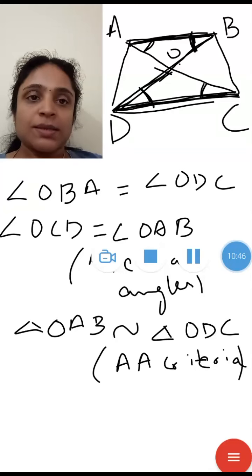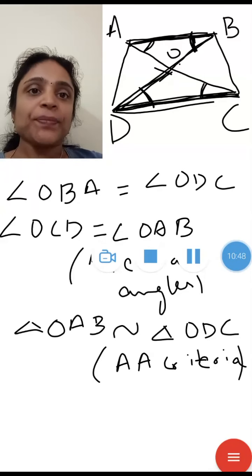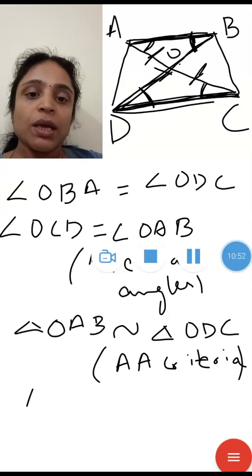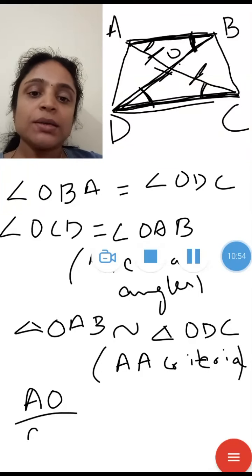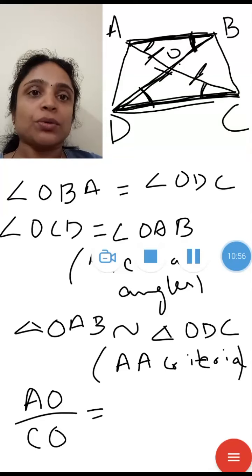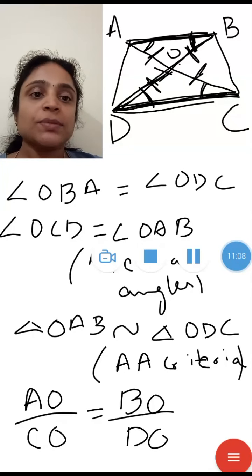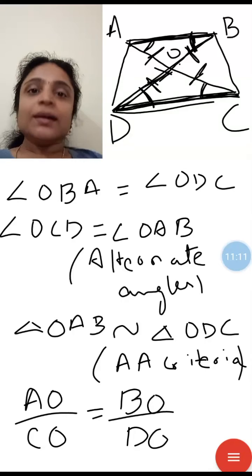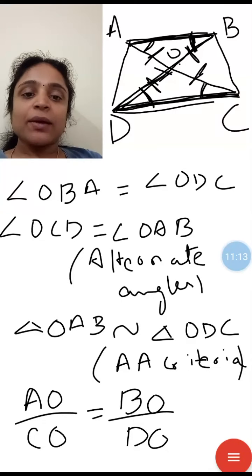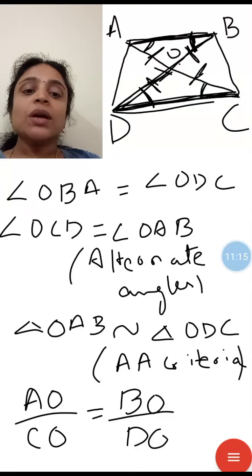So, here AO by CO equal to BO by DO, right? Here we have to prove that AO by BO equal to CO by DO.